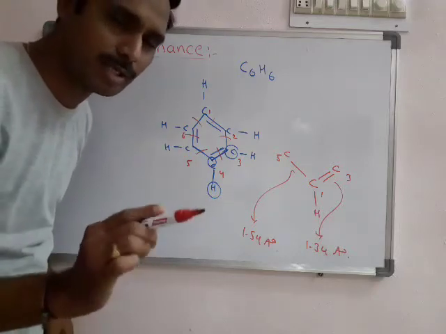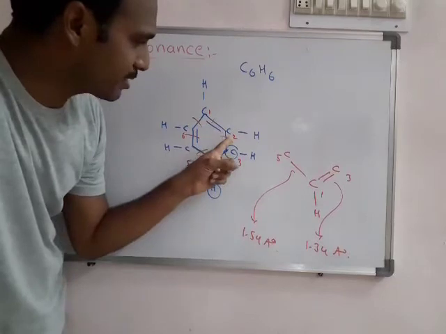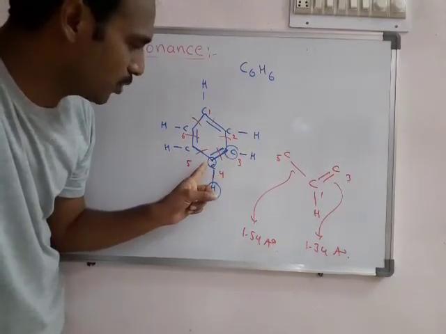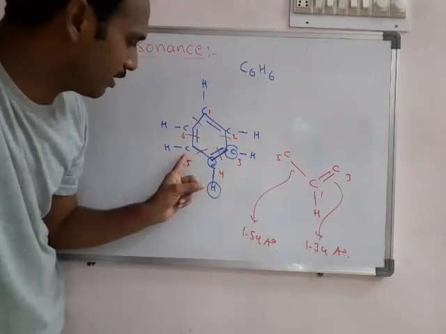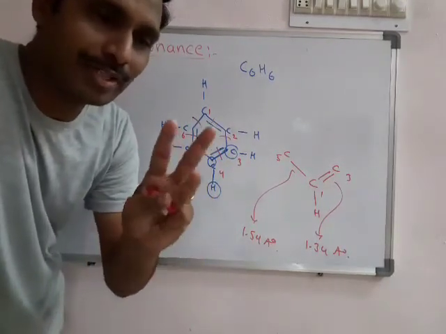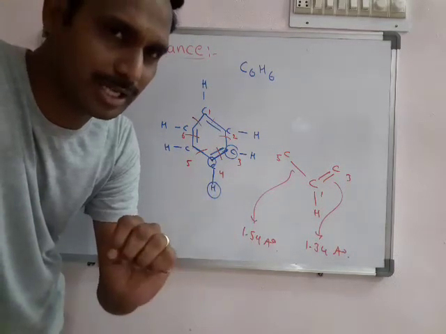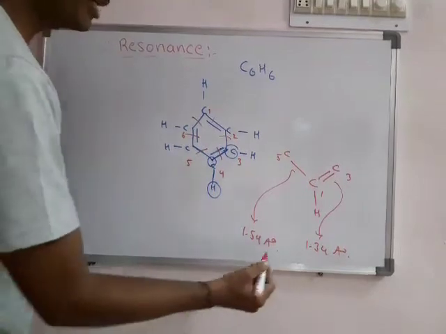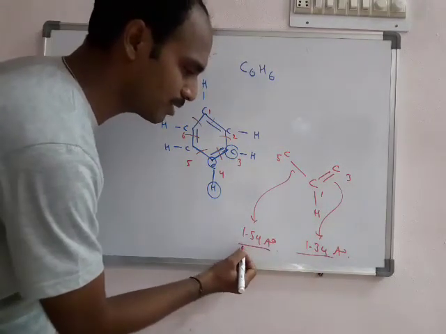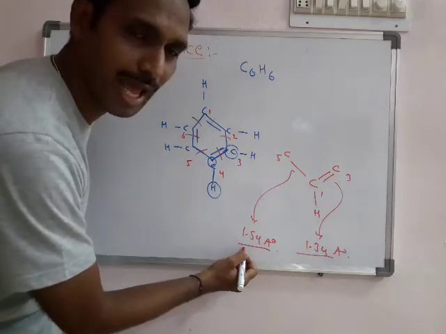Six carbon-carbon linkages are present. In this structure, 1-2 is a double bond, 2-3 single, 3-4 double, 4-5 single, 5-6 double. So at 3 places the bond length will be 1.34 and at 3 places 1.54 angstroms.